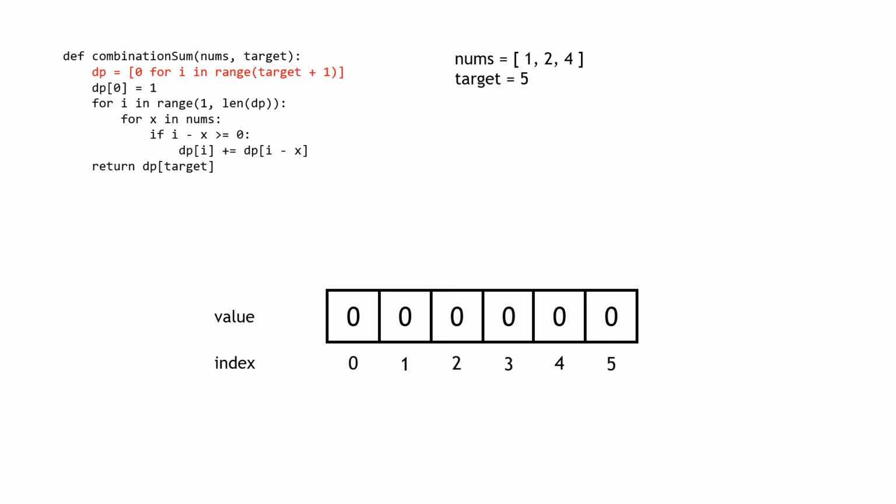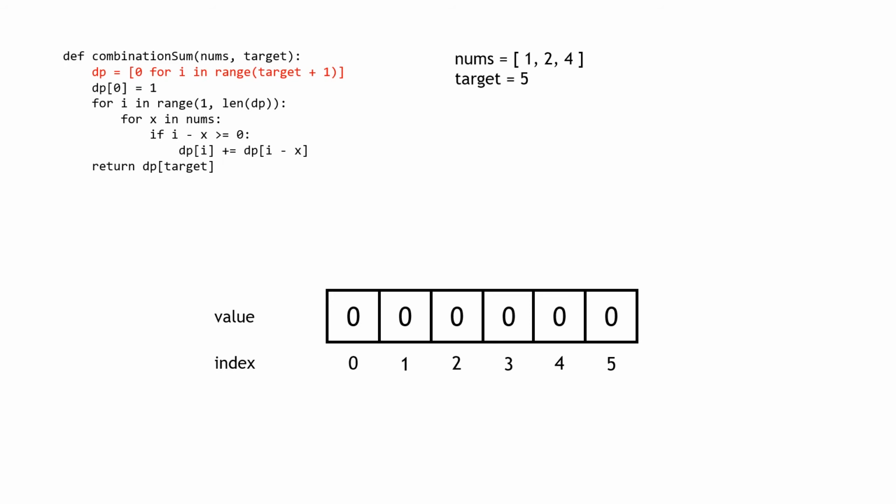So with all DP tables, I like to think of each slot as a question. And the question for the slots here is, how many ways can I use the nums list to form the number at that index? So the third index would be, how many ways can I use 1, 2, and 4 to sum to 3. The fourth index is, how many ways can I use 1, 2, and 4 to sum to 4. And the final slot is the answer to our main question.